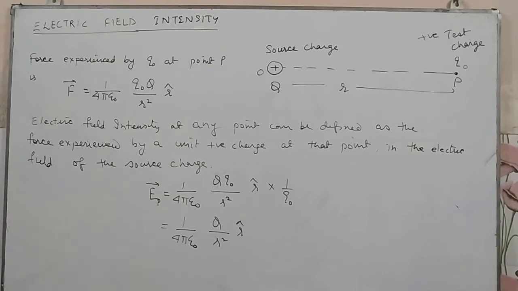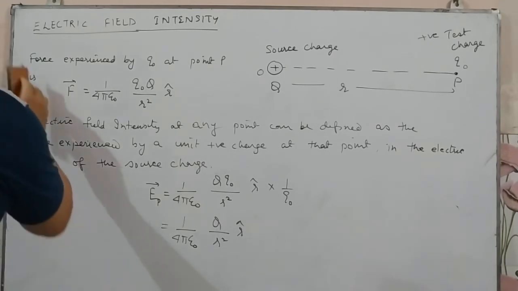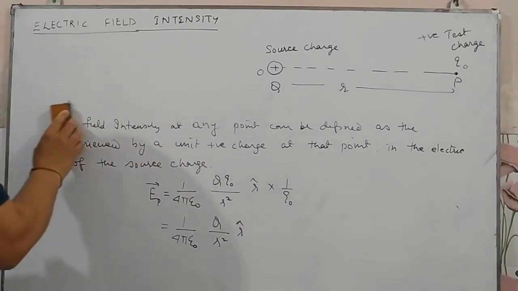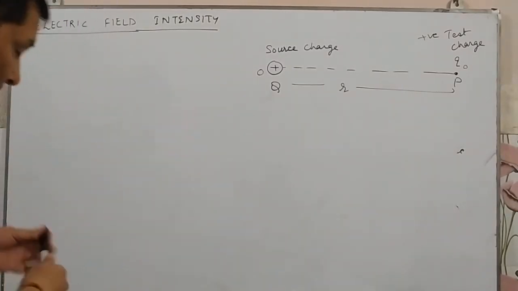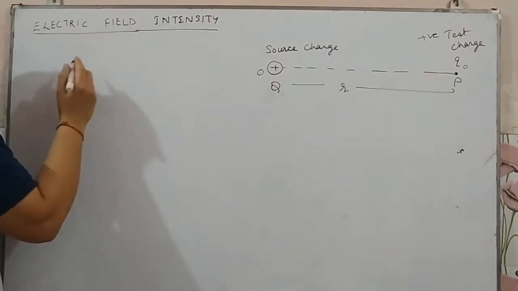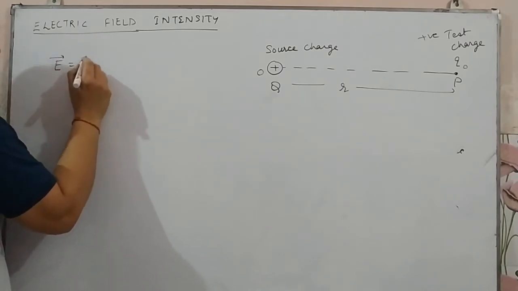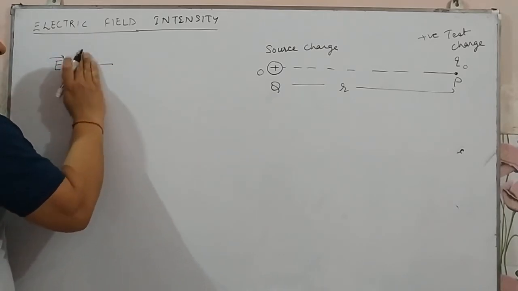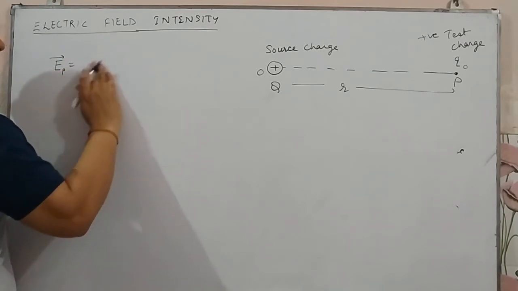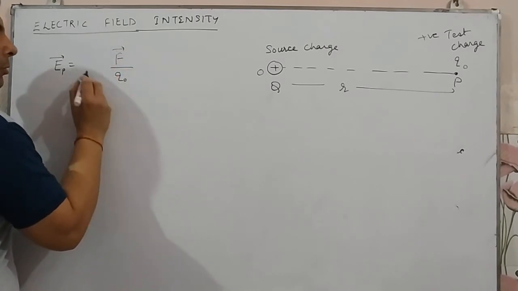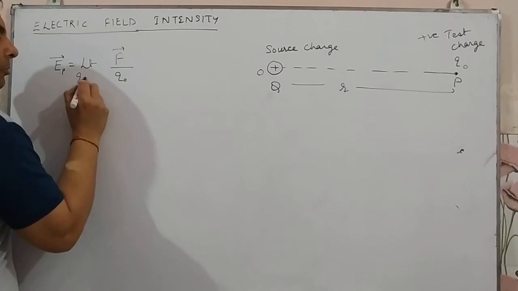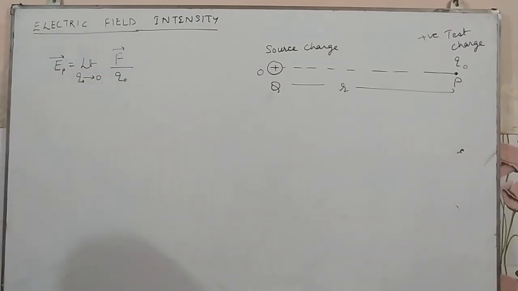But mind it that whenever we are calculating the electric field intensity for a point, we always assume that the test charge should be as small as possible. So electric field at any point P is F upon Q naught, and we always say that Q naught should be small as possible, nearly equal to 0.